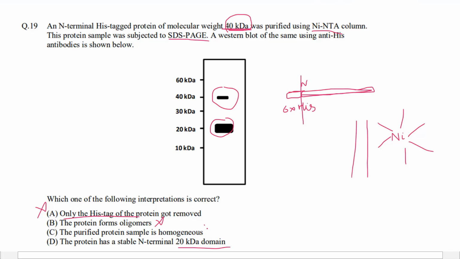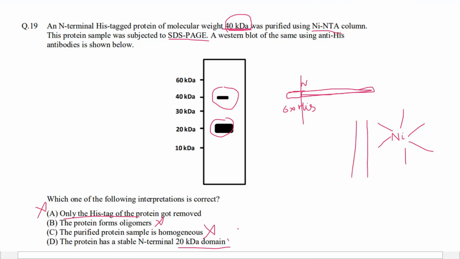The protein has a stable N-terminal 20 kilodalton domain. The his tag is attached to the N-terminal, so if a 20 kilodalton domain is stable and attached with the his tag, then this band will show up in the Western blot. So this option can be correct.